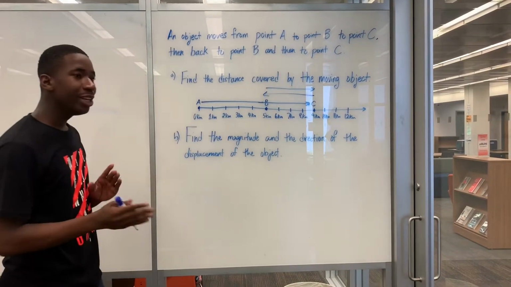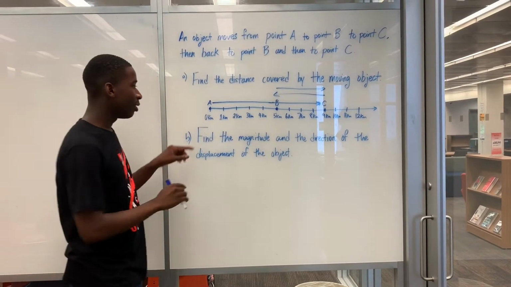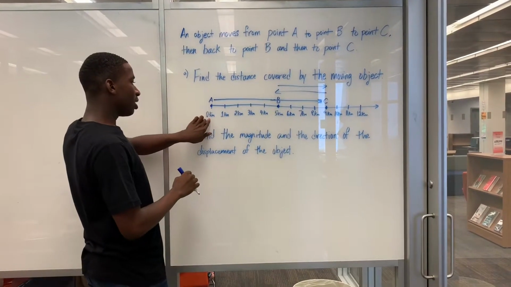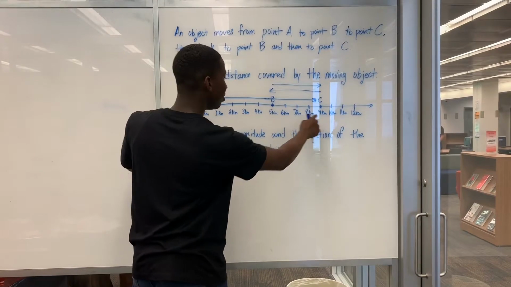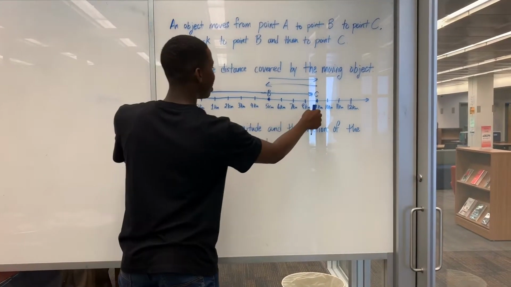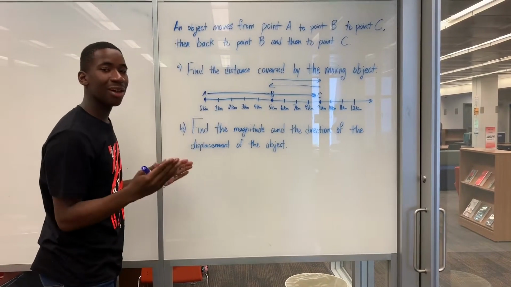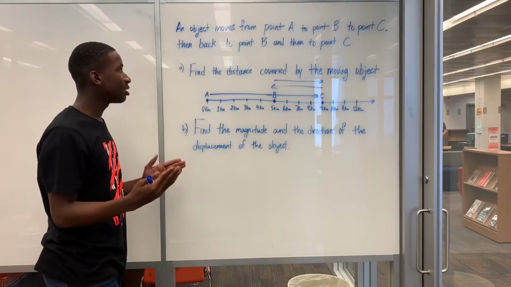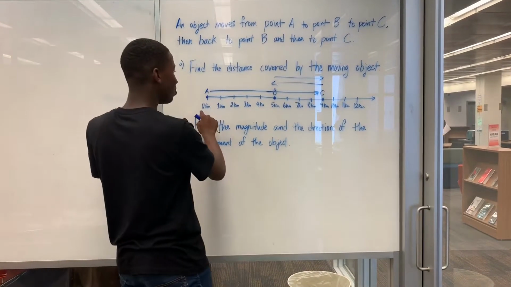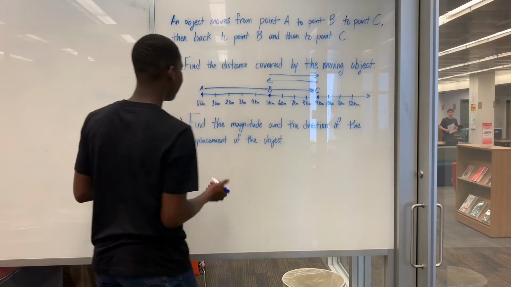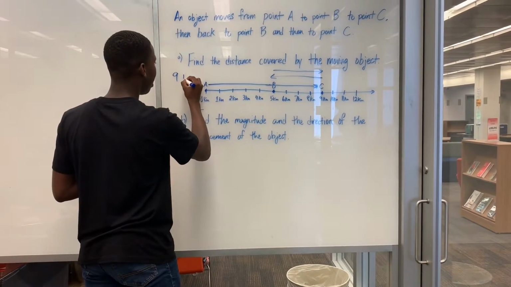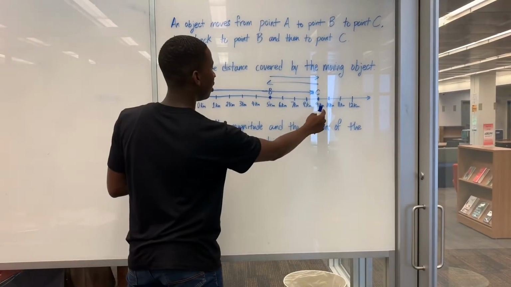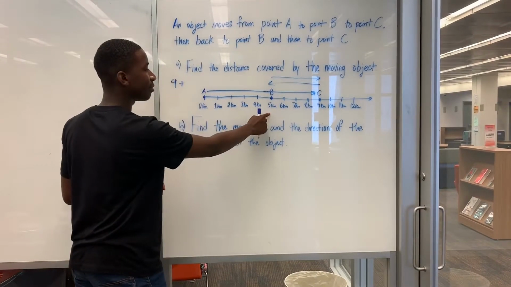So we have 3 different movements going on here. From 0 kilometers to 9 kilometers. Then from 9, we go back to 5, and then from 5, we go back to 9. So let's count how much distance this object moves. From 0 to 9, that's 9. So 9 plus 9 to 5.